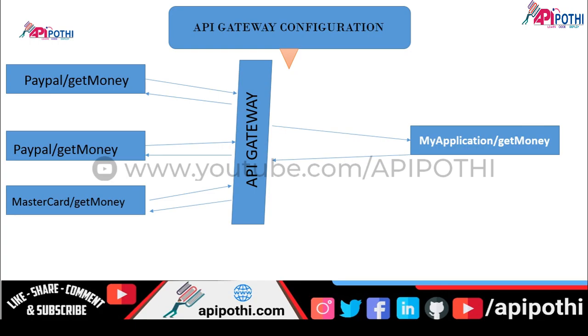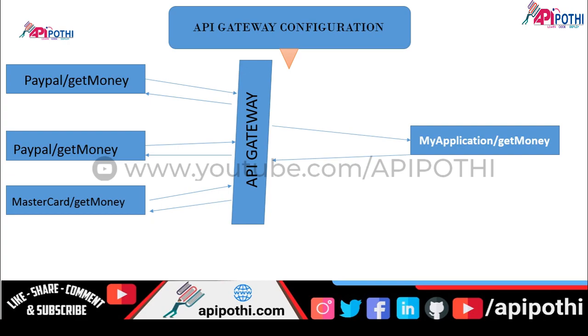All these applications want to hit application B in order to get the money balance. But technically B doesn't have any service called PayPal/get money, nor MasterCard/get money. Application B has B/get money, but it doesn't have the PayPal/ or MasterCard/ prefix.